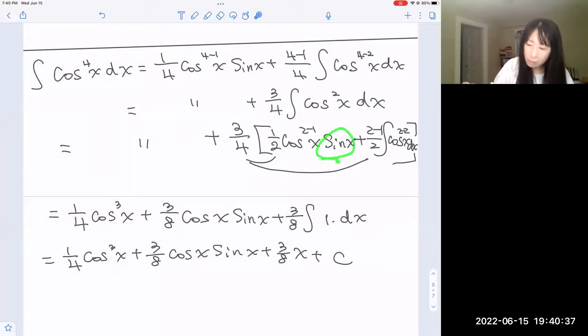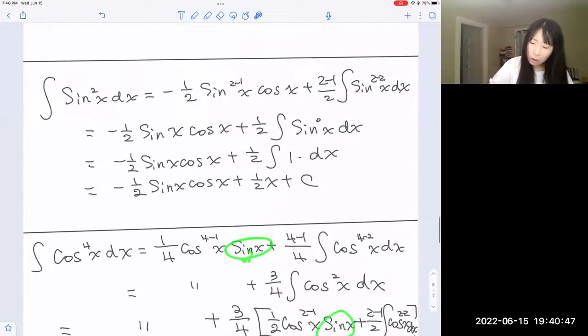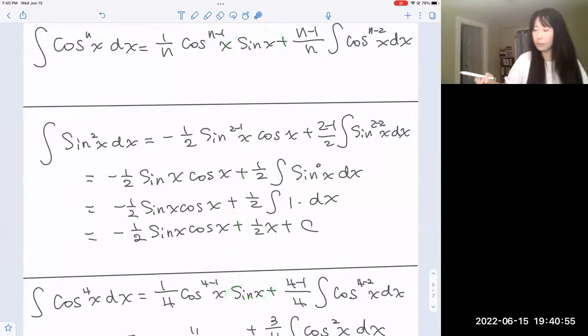No, I mean like in the first part. First part? Yes, this one. Okay, I think I got it. Sorry, hold on one second. Let's see, we have a sine x. I just copy down. Okay, thank you.